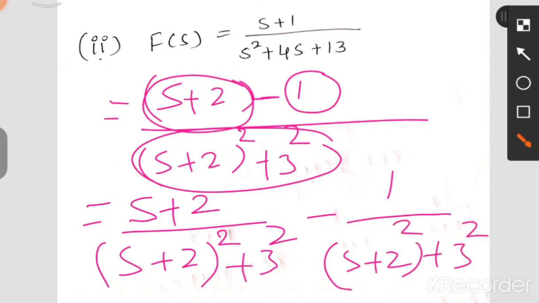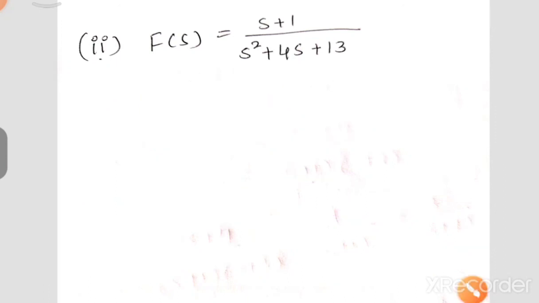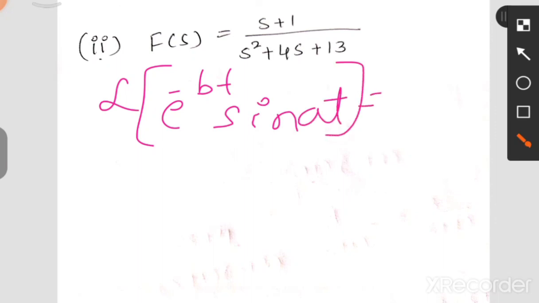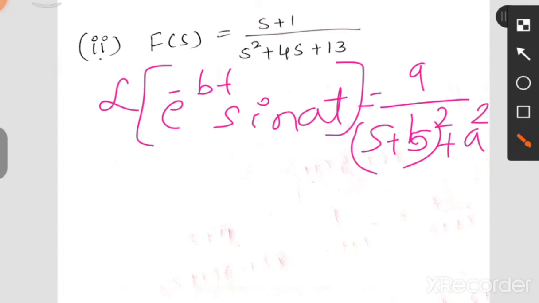Okay, now we'll make use of the Laplace transformation that we have discussed. Laplace transformation of e raised to minus bt sin at will be equal to a divided by s plus b whole square plus a square.